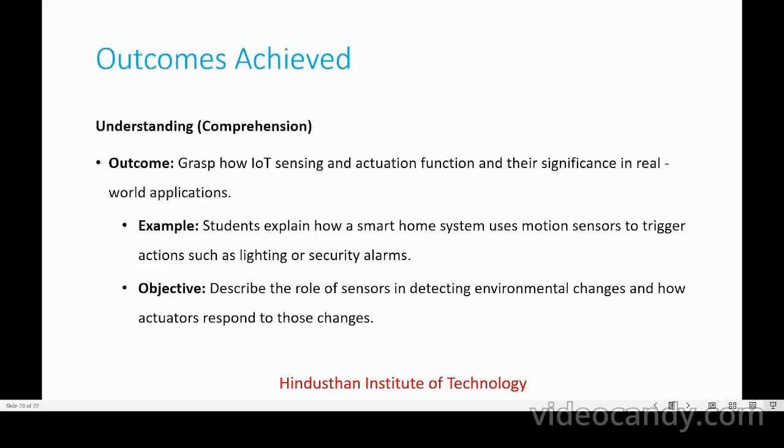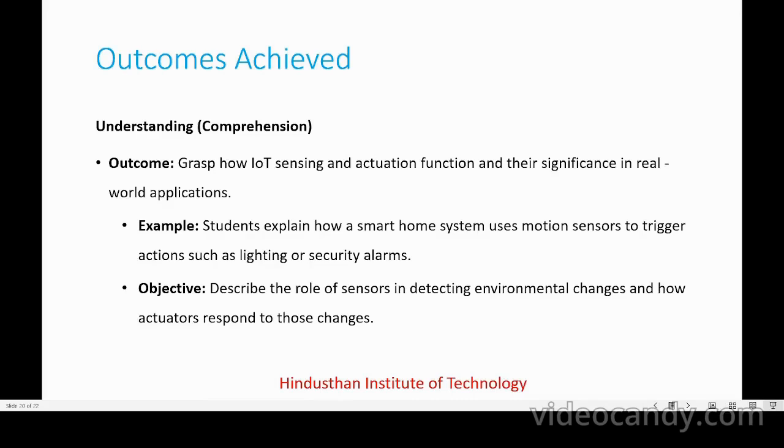Next, what are the outcomes achieved after learning the topic IoT sensing? First outcome will be understanding. The outcome will be how IoT sensing and actuation function and their significance in real-world applications.